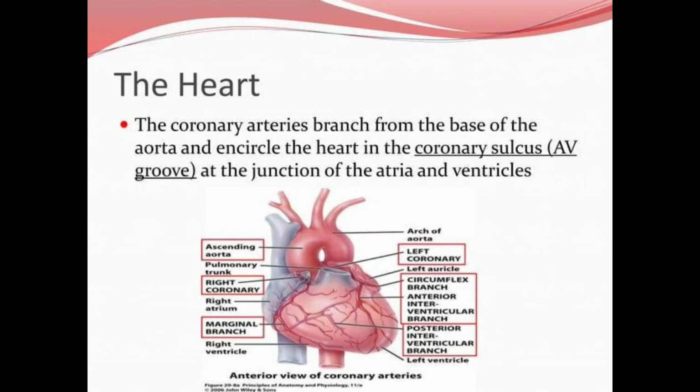The coronary artery circulation. The coronary arteries branch from the base of the aorta and encircle the heart in the coronary sulcus. At the junction of the atria and ventricles is the coronary sulcus.